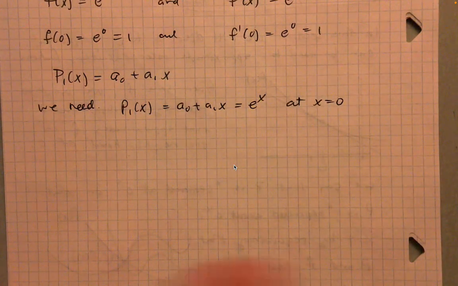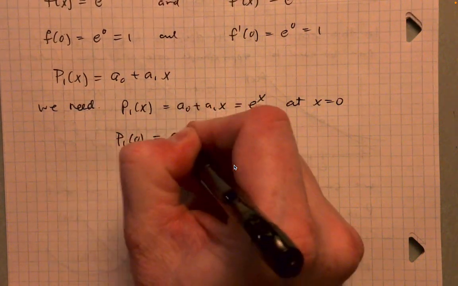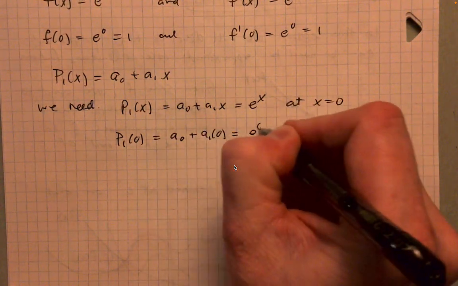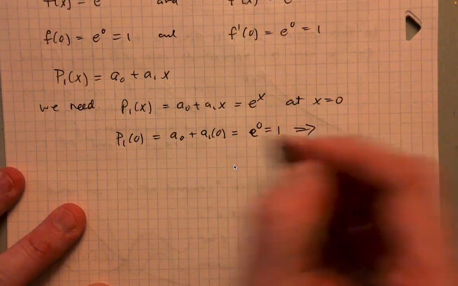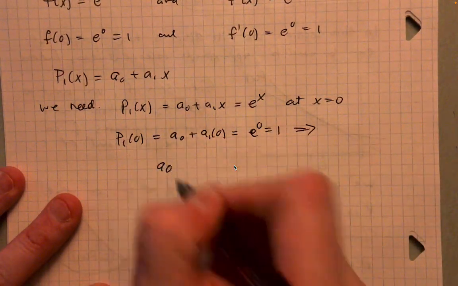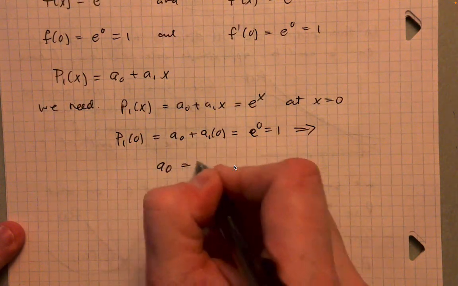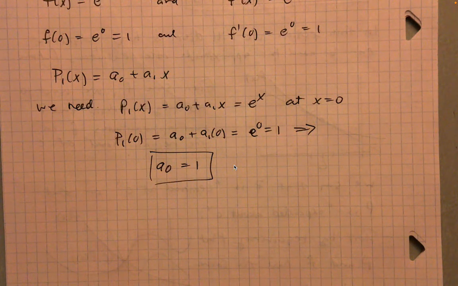Let's plug in 0: P1 of 0 equals a0 plus a1 times 0, which equals e to the 0, which is 1. So a0 plus 0 is equal to 1, which means the a0 coefficient needs to be 1.